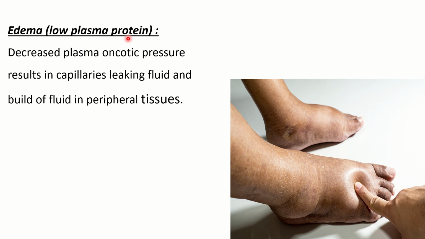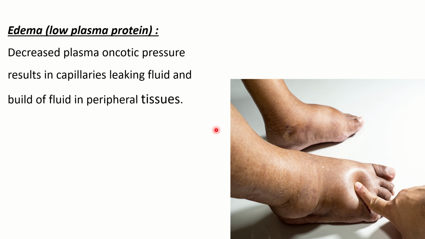Then finally we have edema, where there is decreased plasma oncotic pressure, right? Since the plasma proteins which in normal cases reuptake the fluid in tissue fluid, or in the interstitial spaces, would be absent, this will lead to swelling caused by an excessive amount of fluid in peripheral tissue.